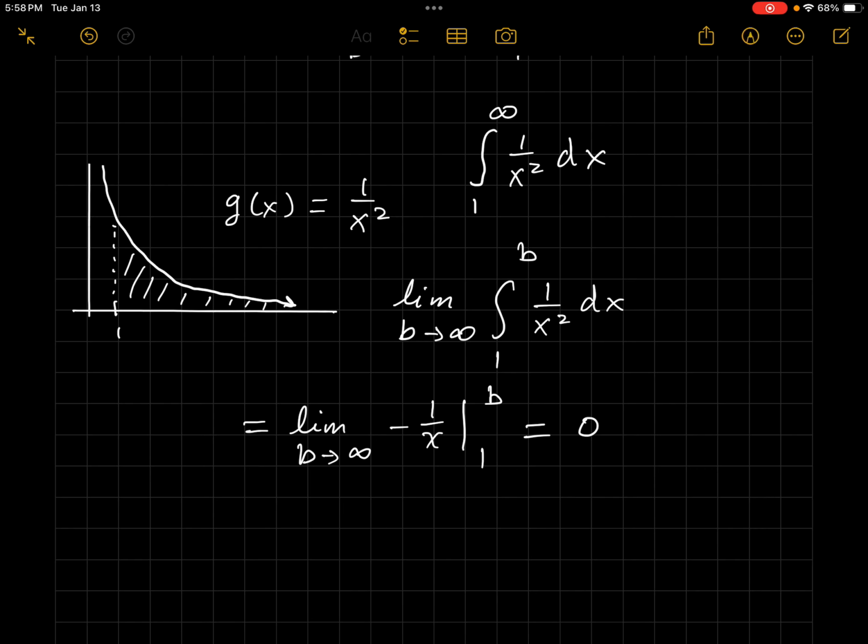So we'll put down 0 minus negative 1 over 1. And this equals 1. So in this case, we integrated from 1 to infinity, but we got a finite answer.